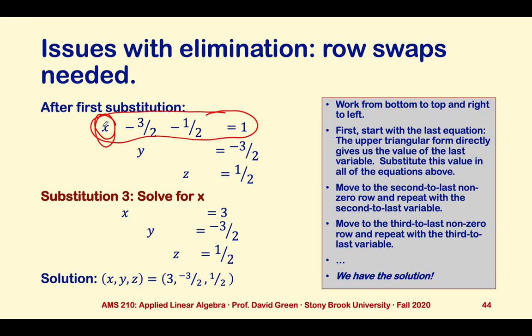Solve for this pivot in the first row. X minus 3 halves minus half, or x minus 2 equals 1, means x must be equal 3. We now have a unique solution that we can directly read off, as the ordered triple x, y, z is 3, negative 3 halves, and half.